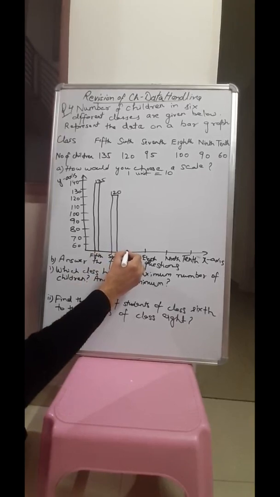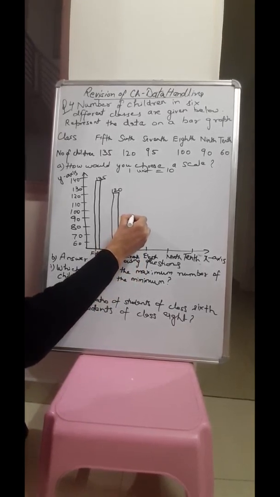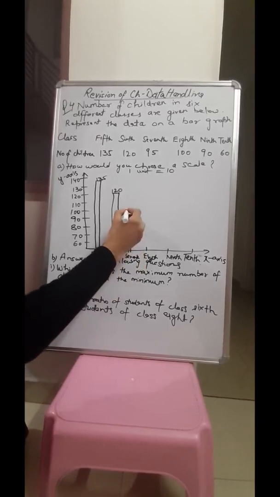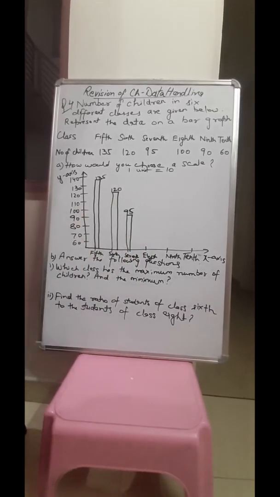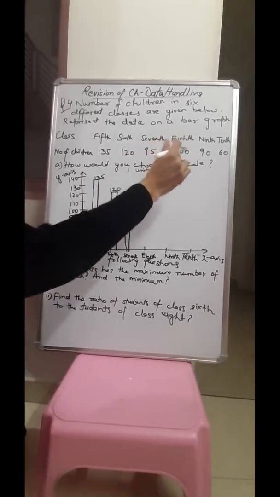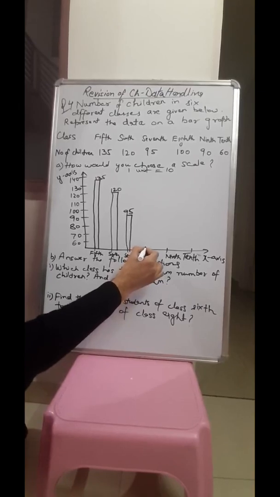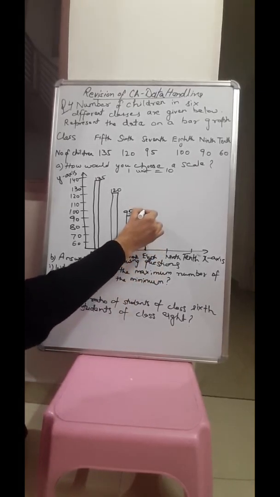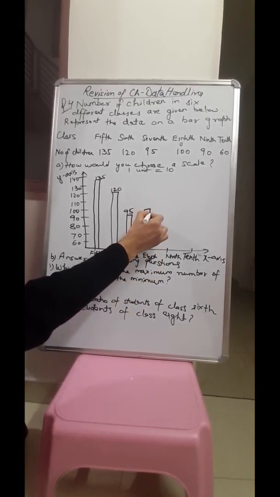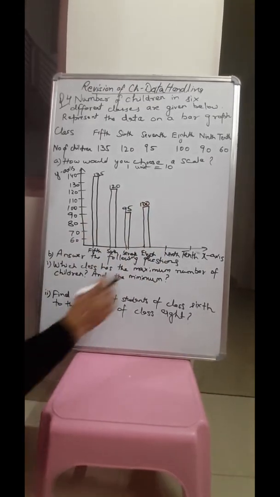So the bar will go up to 95, and at the top you have to mention 95, that is of 7th. And now 8th is 100, so the bar will go up to 100. 100 is slightly more than 95. So this is your bar of 100, that is of 8th.